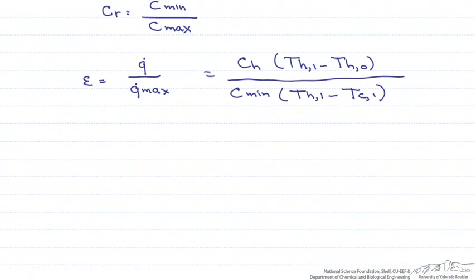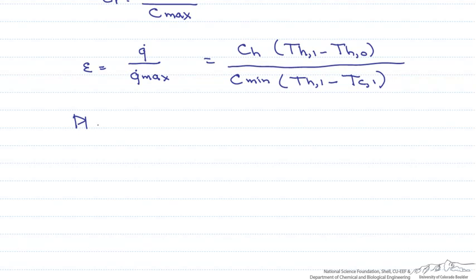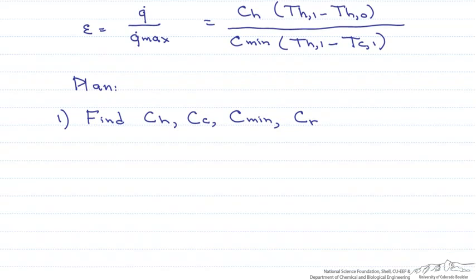So what's our plan? First thing that we're going to do is calculate all of our heat capacity rates. So that means our hot heat capacity rate, our cold heat capacity rate. From that, we can figure out what our minimum heat capacity rate is, and then find the ratio of C min over C max.